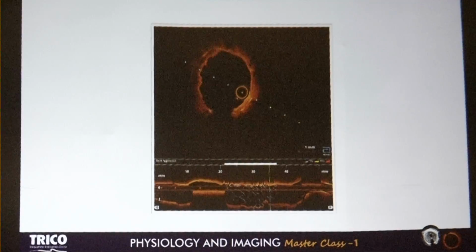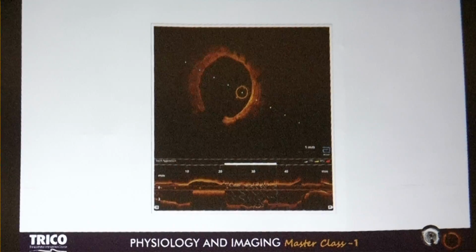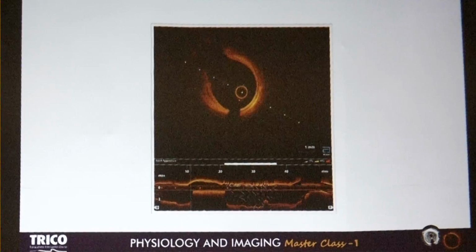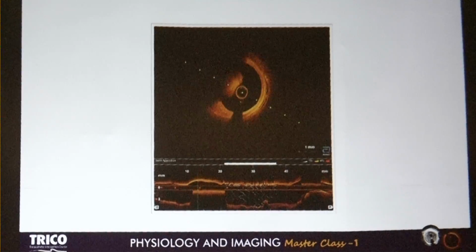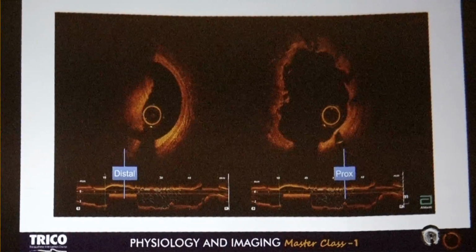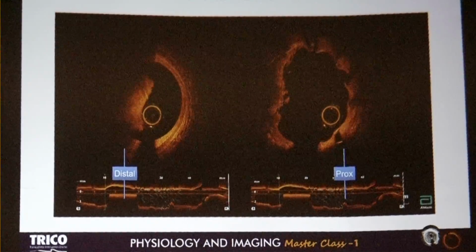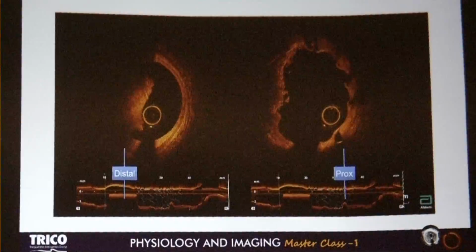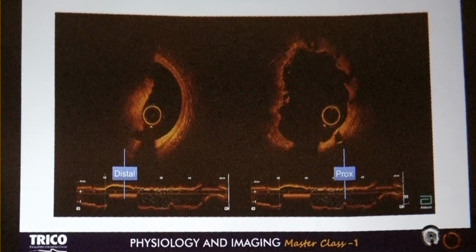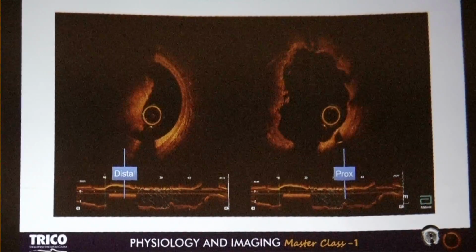Look at this. This is the area which looks perfect on angio in the proximal part, and these are a few slides of this area. So what is this? Again, thrombus hanging here and there in that segment.